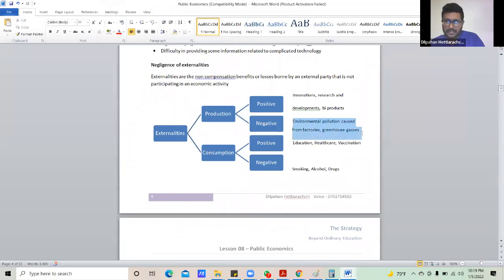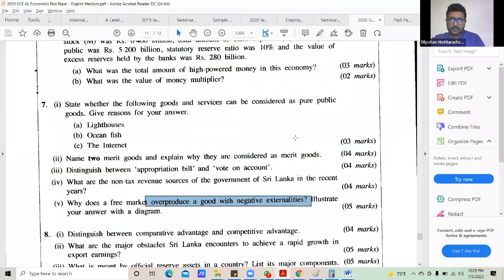So that means they refer to examples like this. Okay, right? So today I'm not going to draw the diagrams. Next day I will talk about the diagrams. But today we'll try to understand the different externalities they mention in the past papers.